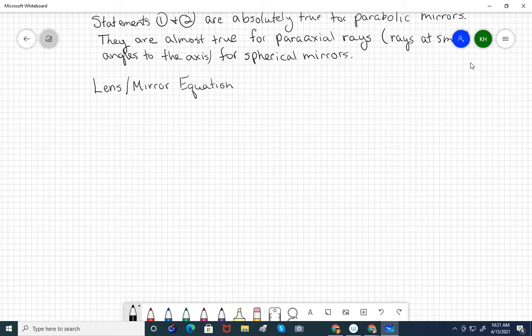The lens-mirror equation says 1 over S plus 1 over S prime is equal to 1 over the focal length. We also have our magnification equation, which says M is equal to Y prime over Y, which is equal to negative S prime over S.